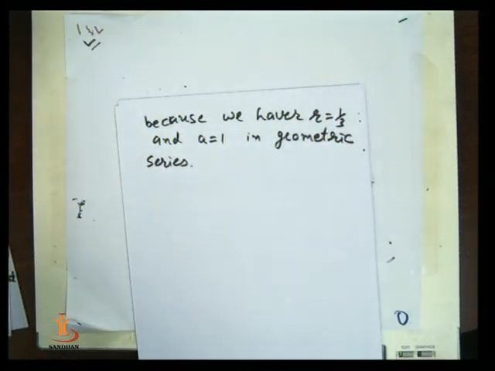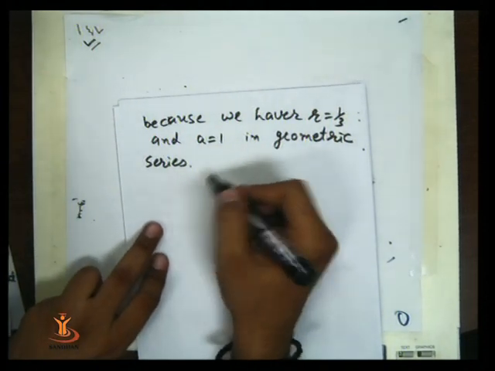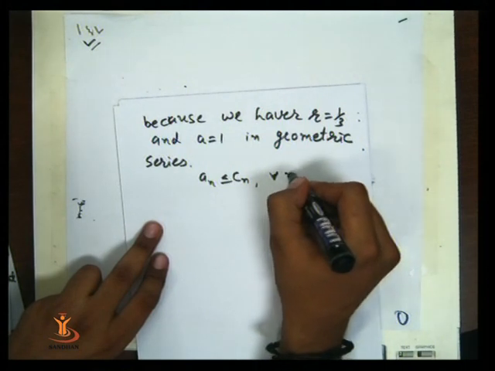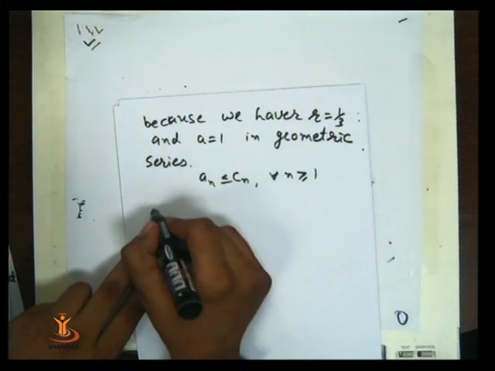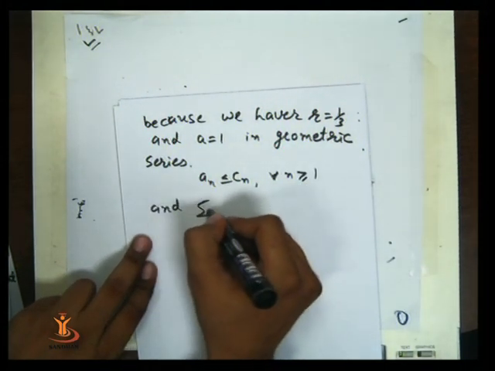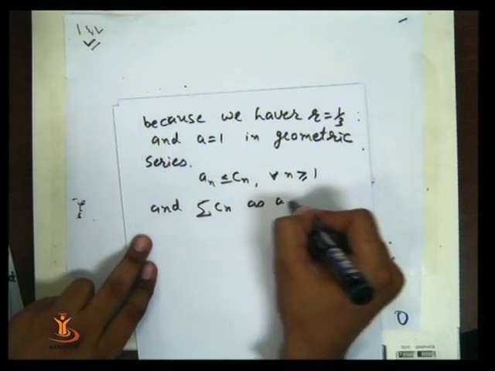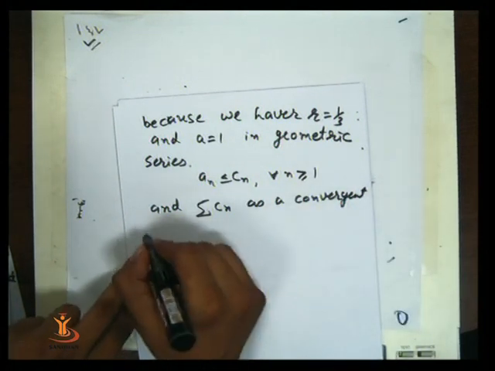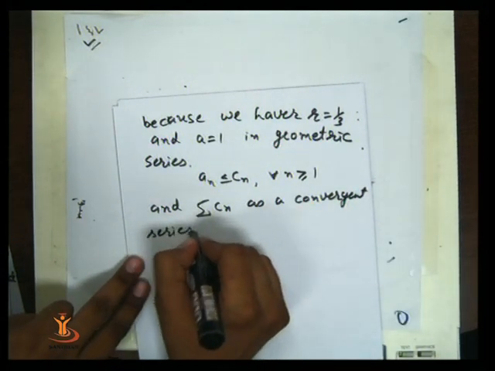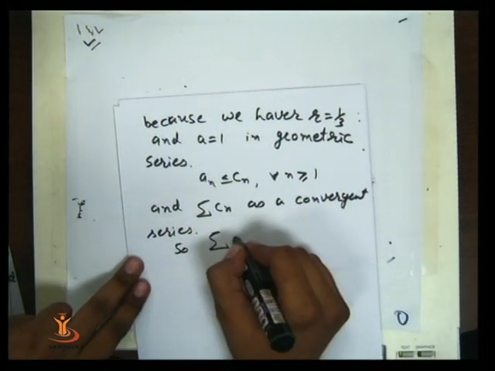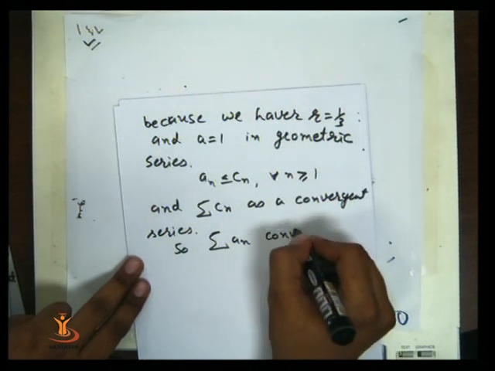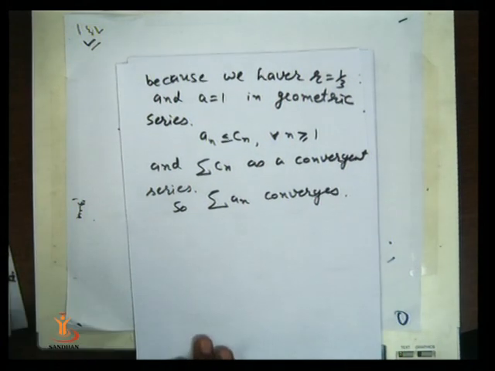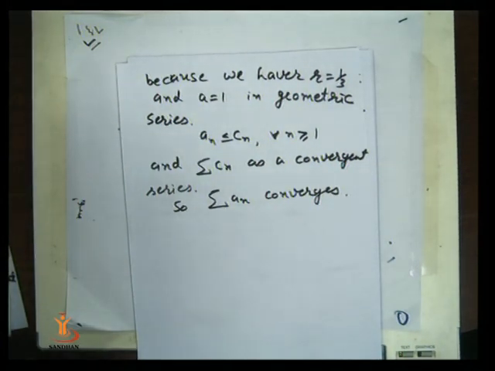Right. So here we have a_n less than or equal to c_n for every n greater than or equal to 1, and summation c_n is a convergent series. So summation a_n converges by comparison test, right? So these are the examples for comparison test.